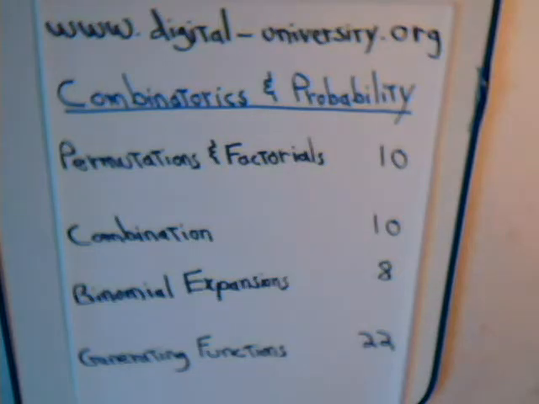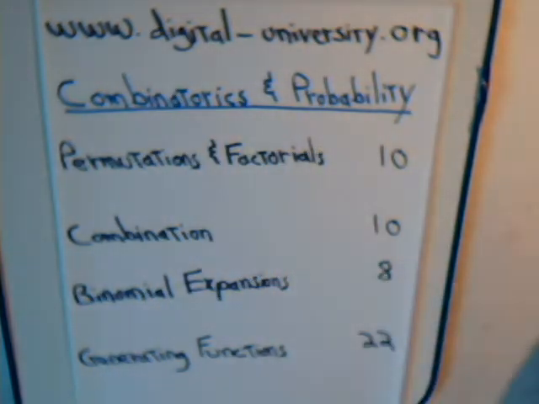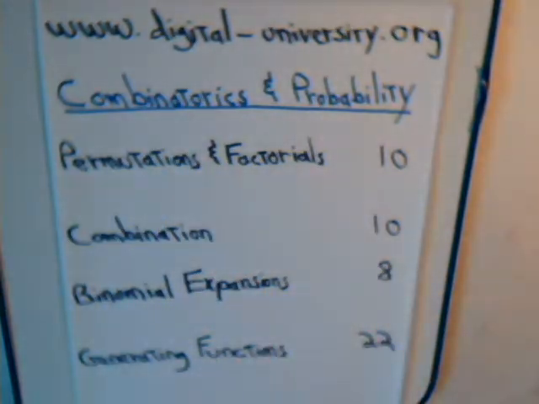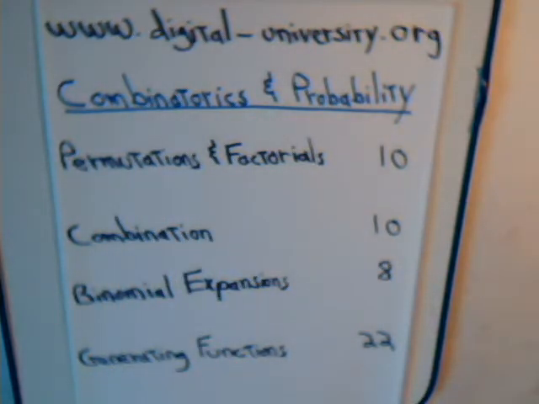If you go to our website at digital-university.org and look in the combinatorics and probability section, you'll see we have 10 different videos already posted on how we solve different types of permutation problems. And then we have another 10 videos where we solved different types of combination problems.